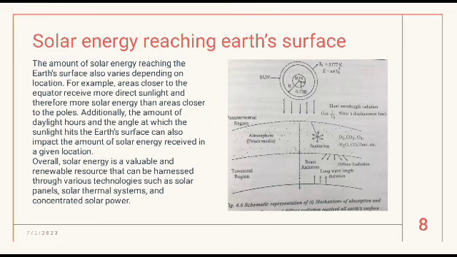The areas closer to the poles do not receive as much sunlight. Additionally, the amount of daylight hours and the angle at which the sunlight hits the Earth's surface can also impact the amount of solar energy received in a given location.